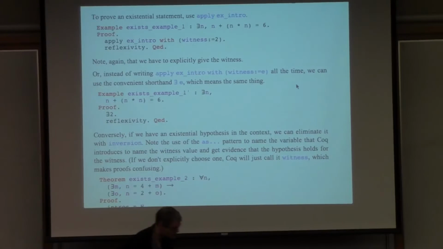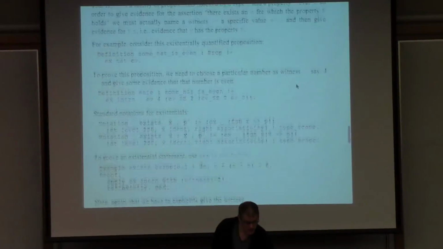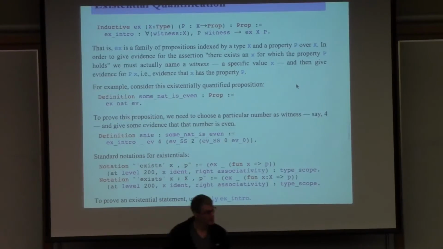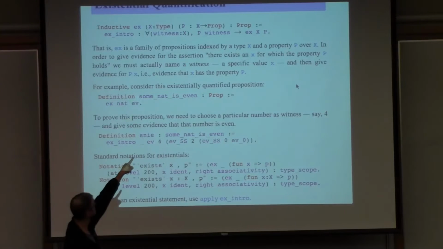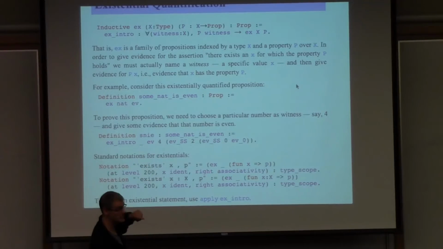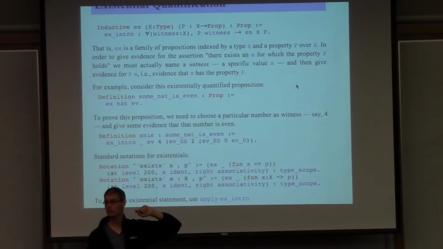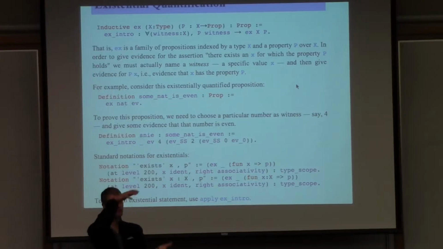So let's look at the type of ex intro again. So remember, apply just unifies the goal with the conclusion of the thing that you're applying. The conclusion here is exists X, P, and that does not have witness in it. Okay, so simply by doing that unification, we're not going to find out the witness.